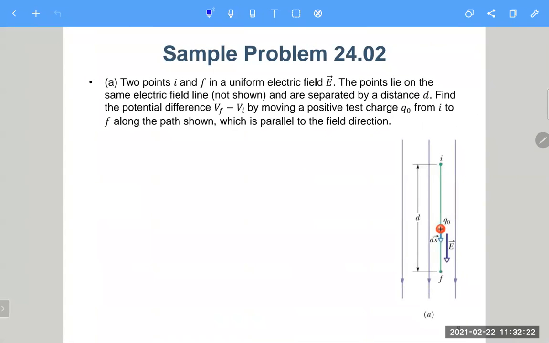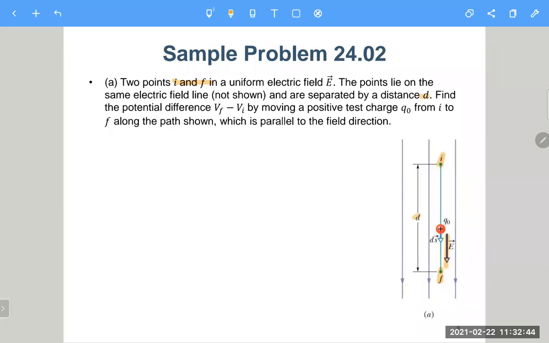So here's a sample problem. Two points, I and F. Here is I, this is F, in a uniform electric field pointing downward. The points lie on the same electric field line, not shown, and are separated by distance d.